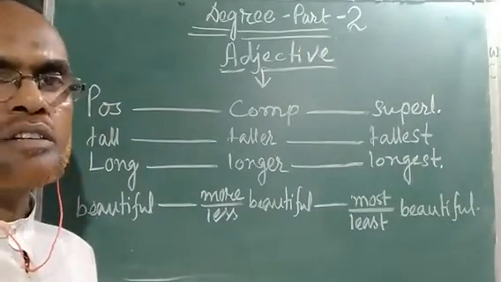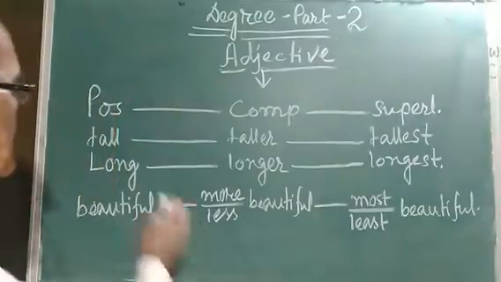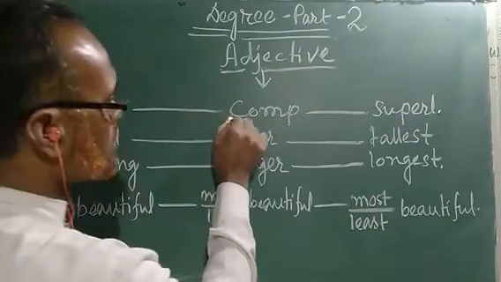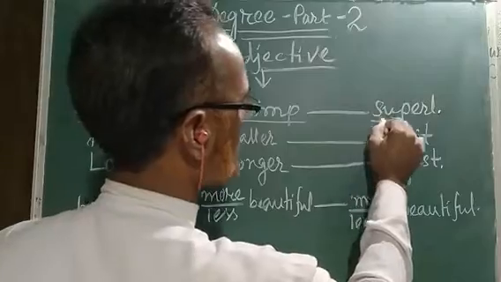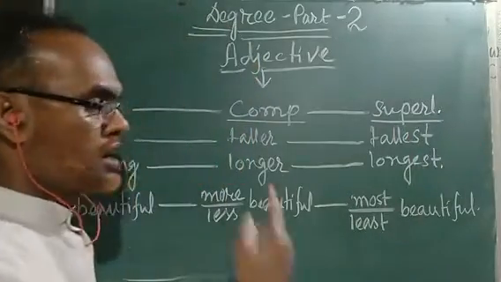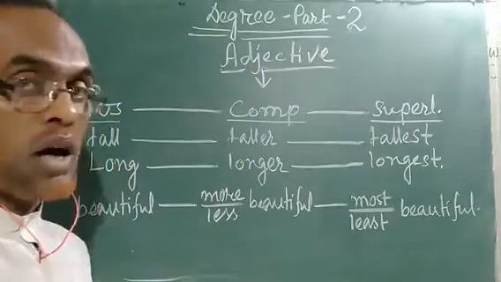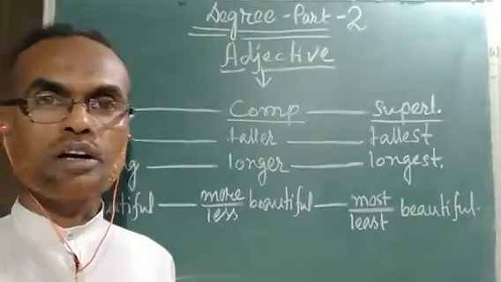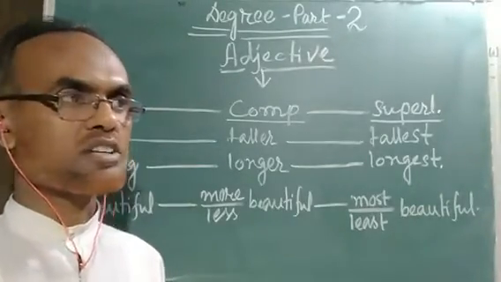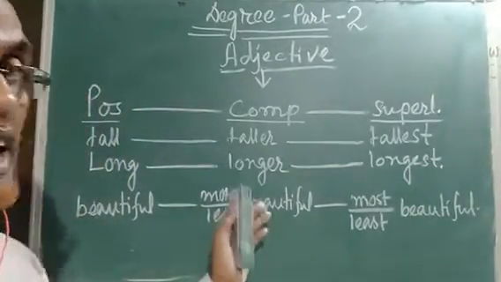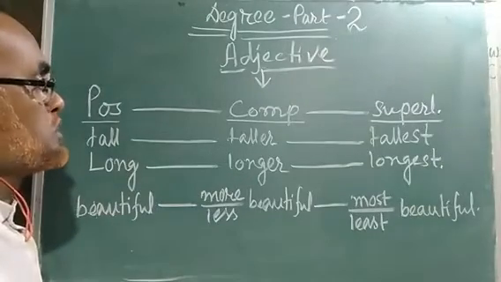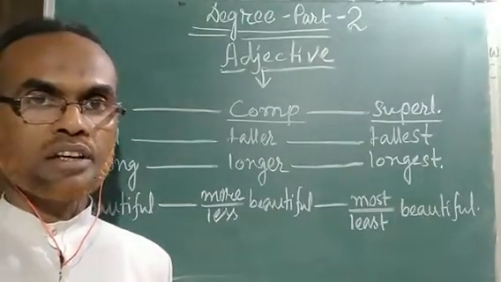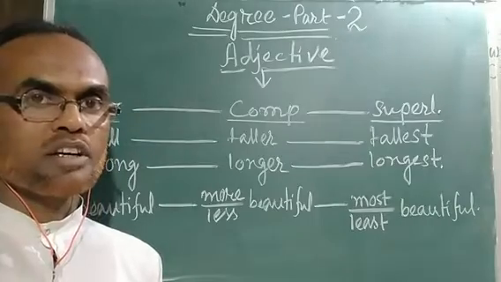There are three types of degree. Number 1, positive. Number 2, comparative. And number 3, superlative. In the video of degree part 1, I had discussed how we can form positive degree, comparative degree and superlative degree.